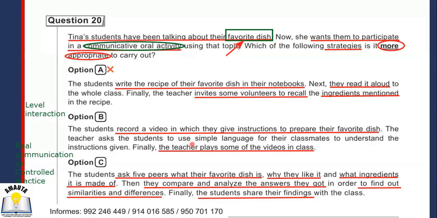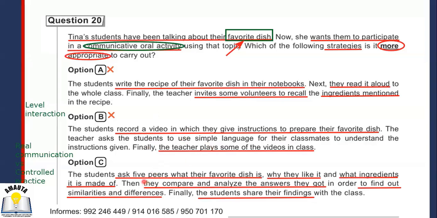But there's no interaction here. When the teacher plays the video, the classmates have the opportunity to look at other products, other evidence, but they don't interact with their peers, right?